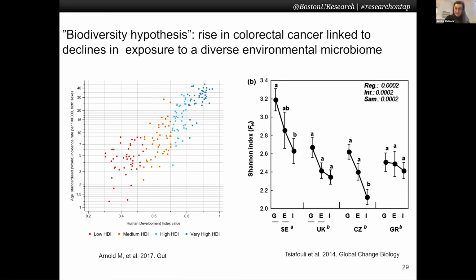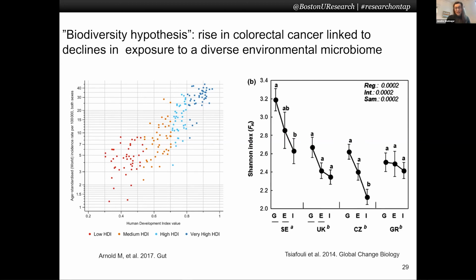We don't know why this is. And this is an active area of research in my lab. But we also want to address this question. Could these declines in the diversity of the environmental microbiome be in any way related to shifts in our own microbiome, shifts in our own immune responses, and shifts in our risk of disease?